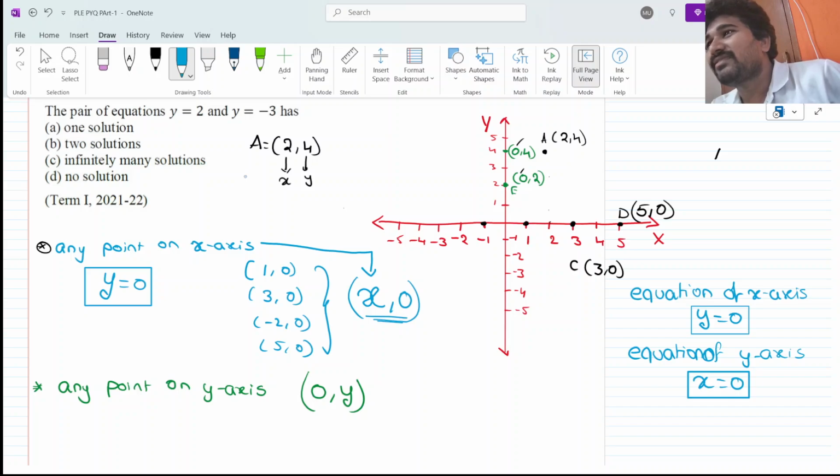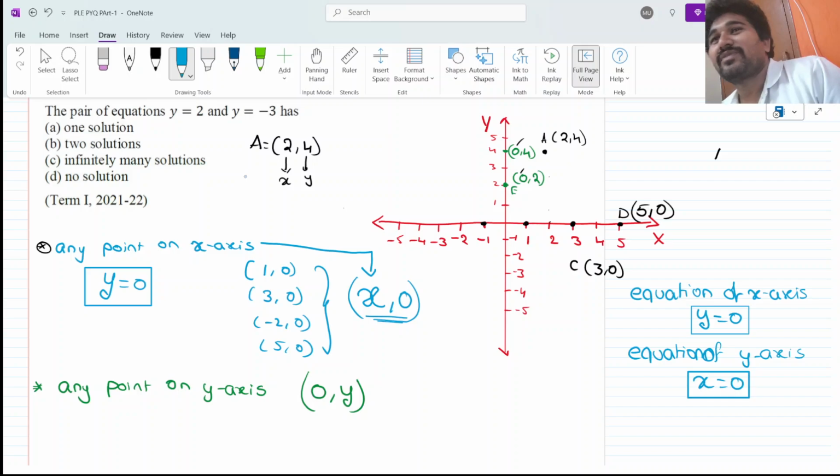Any point on the x-axis, any point on the y-axis, equation of the x-axis, equation of the y-axis.